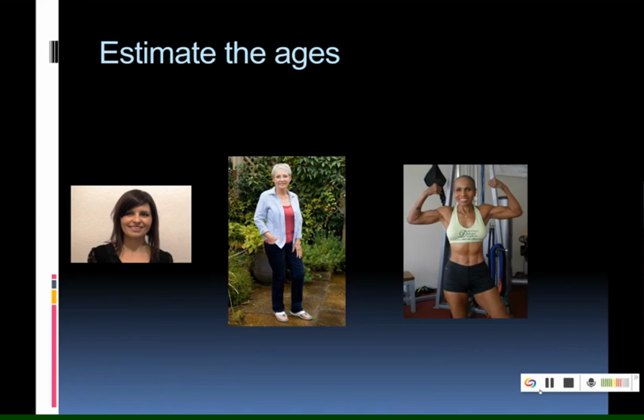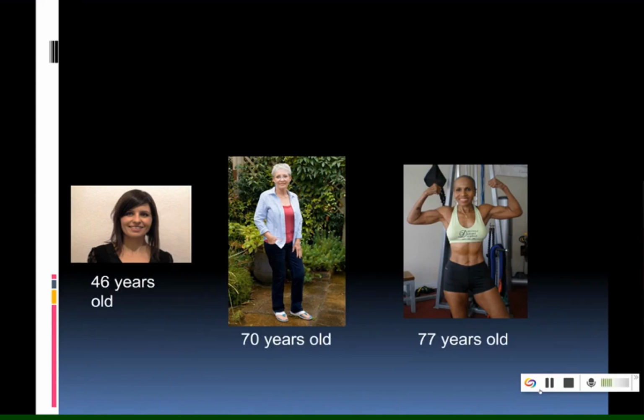Three gals here. I would like you to estimate their age just for a moment. And as it turns out, somewhat surprisingly, these people look younger than their stated age.